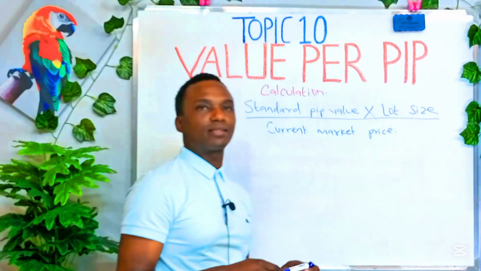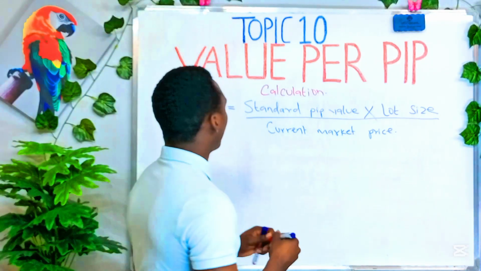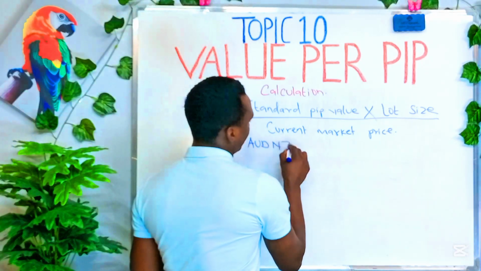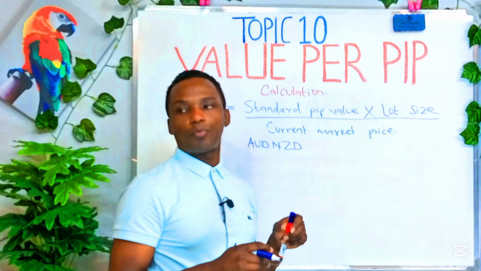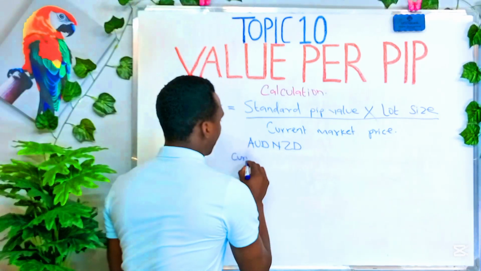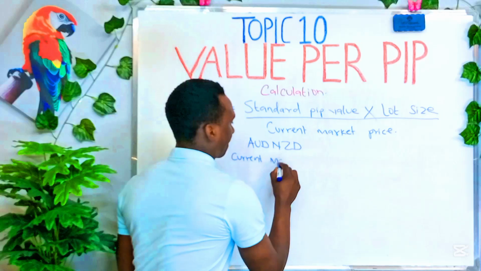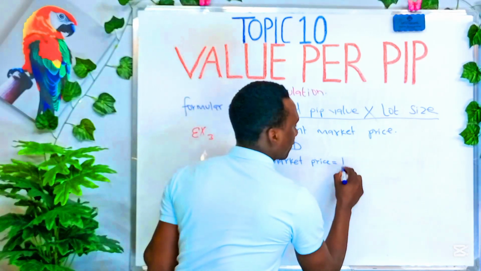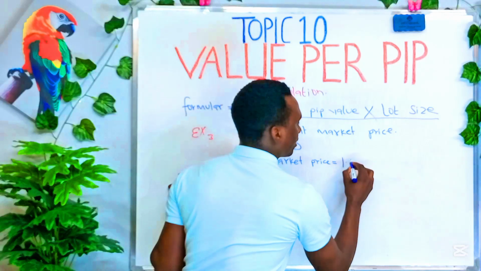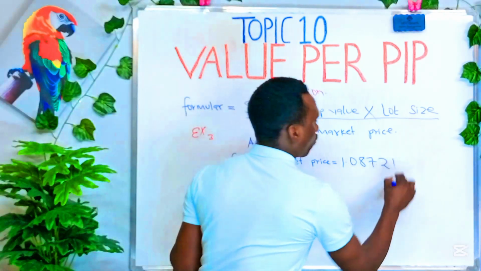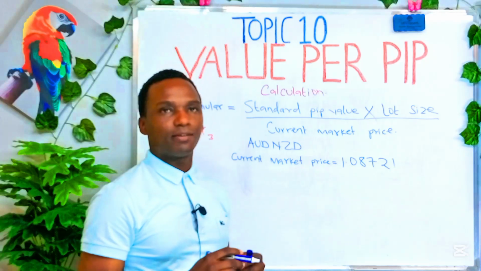What is the current market price for that pair? Can you confirm from your MT5 the current market price? The current market price is 1.08721. That is the current market price.